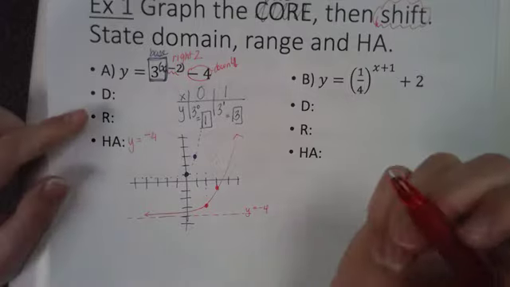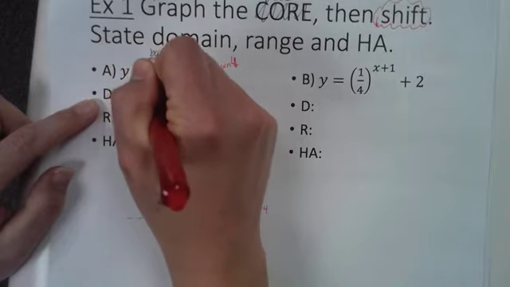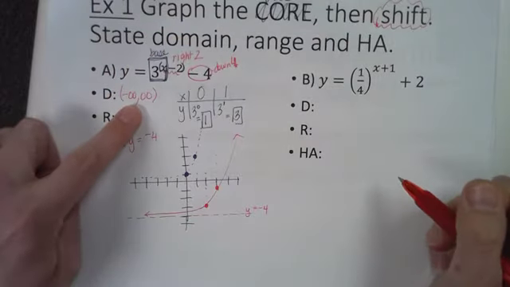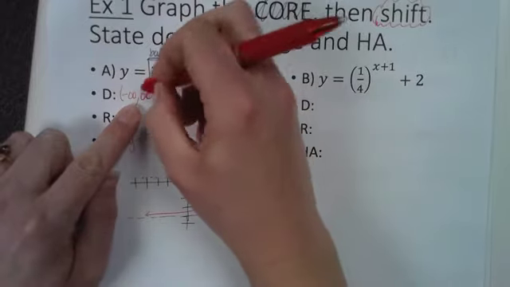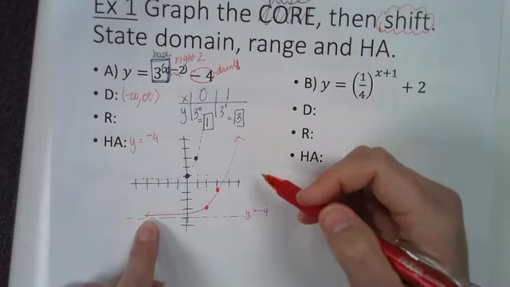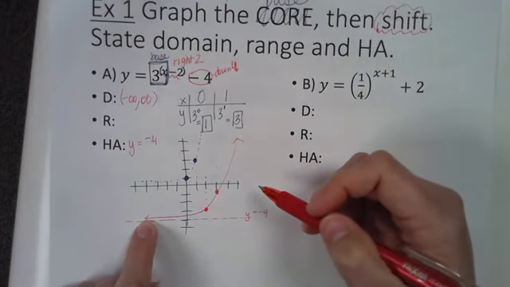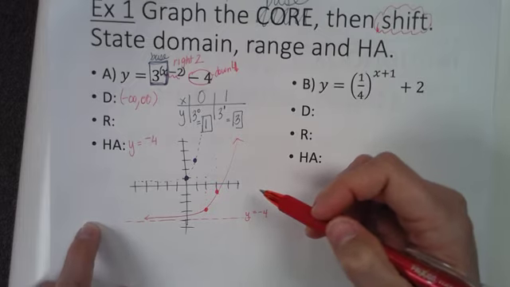All right, for this curve, the domain is negative to positive infinity forever. What does that mean? It means that this graph, this arrow, points which direction? It's pointing to the left forever, right?